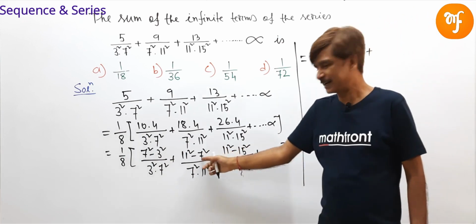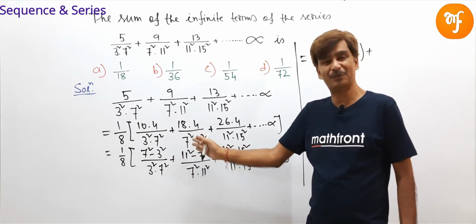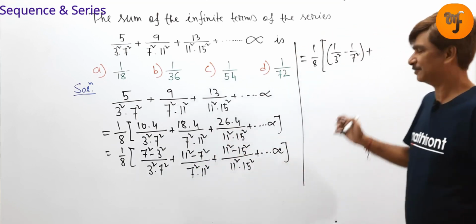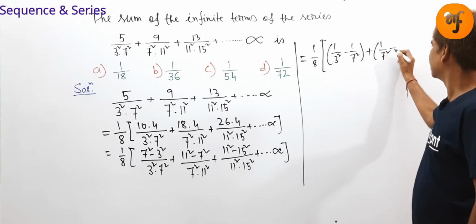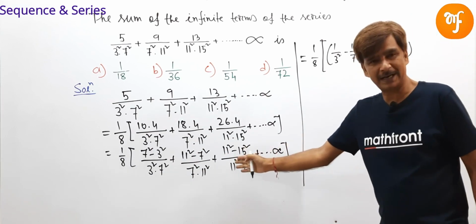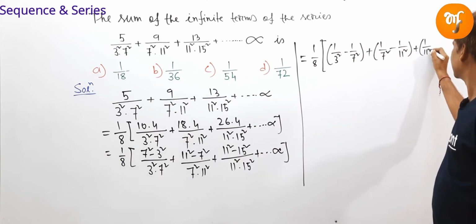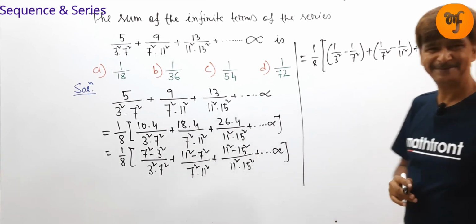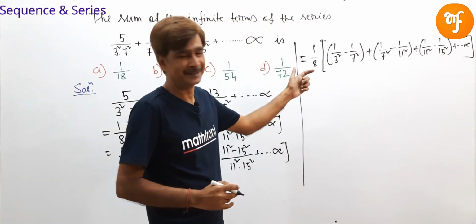Similarly, the second term, that is 11 square minus 7 square by 7 square into 11 square, can be written as 1 by 7 square minus 1 by 11 square. Similarly, the third part can be written as 1 by 11 square minus 1 by 15 square, plus dot dot till infinity. Clear?